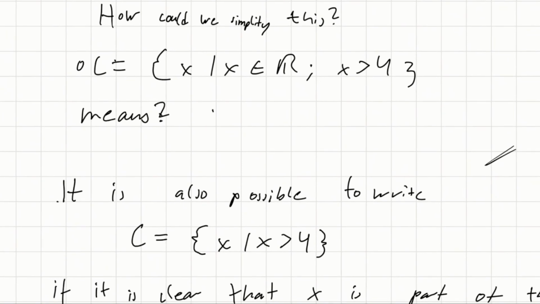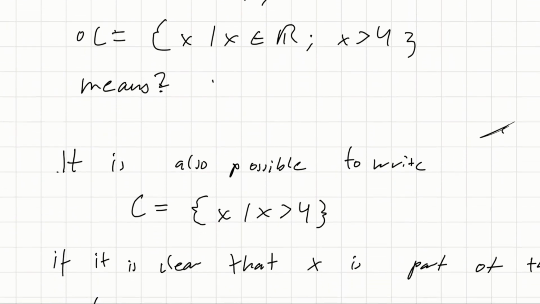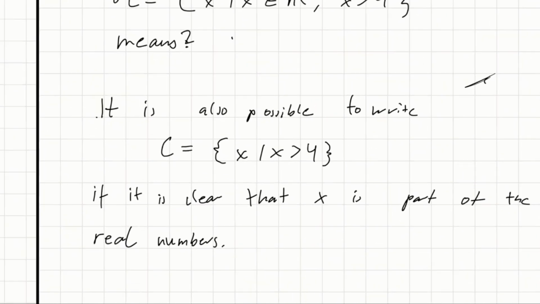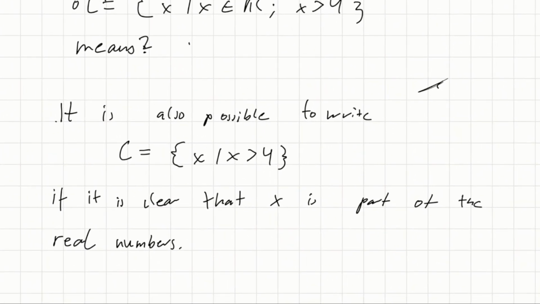It is also possible to write x with x being bigger than 4 if it's clear that x is part of the real numbers. Mostly in books and literature, it's quite clear that x is a real number, and then you don't have to write x with the element of R. I'm going to use this often as well, because it is common sense.